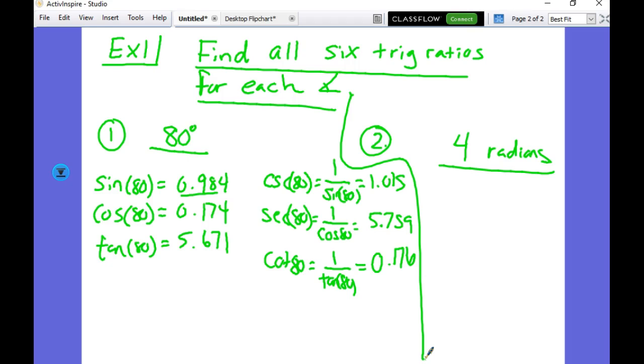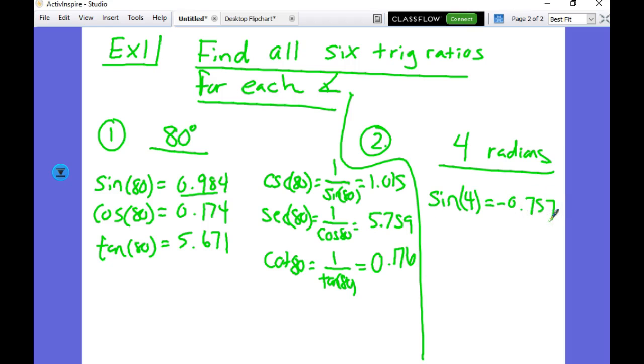All right. So let's just do one. Let's do sine. So if I do sine of 4, we all should be getting negative 0.757, right?